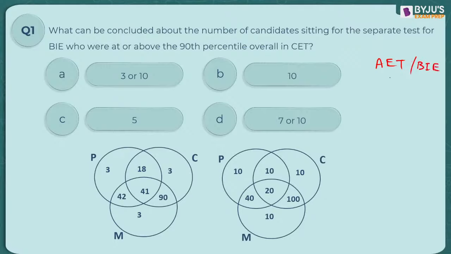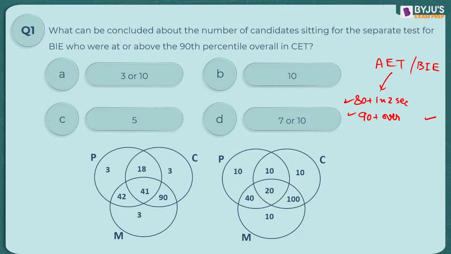Okay, so in AET, if you have 80 plus in two sections and 90 plus overall, okay, if you have both these criteria, you will be sitting in AET, right? Now, these are the students who had 90% overall. So that 90% criteria is fulfilled.